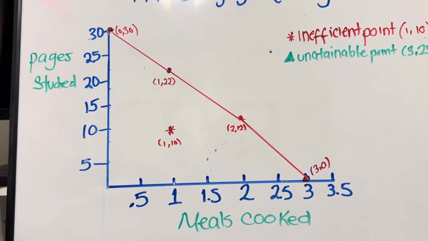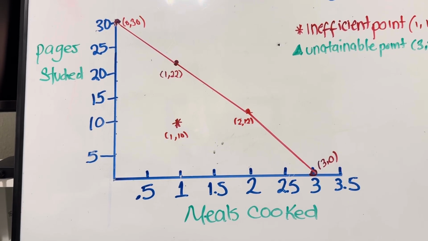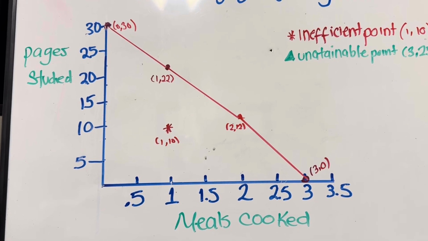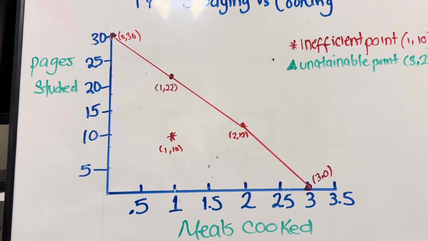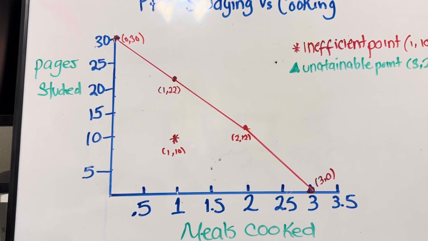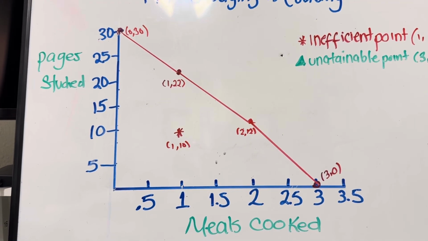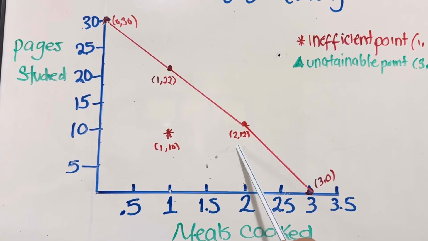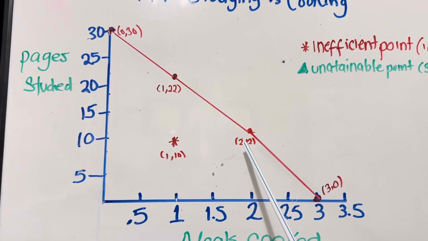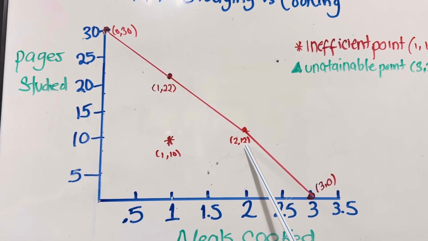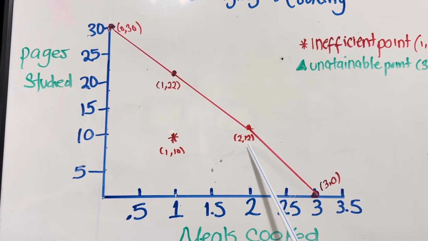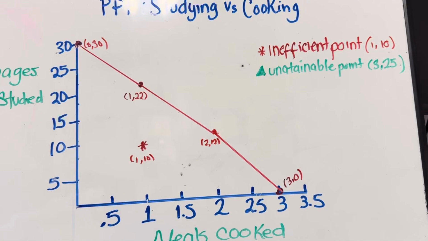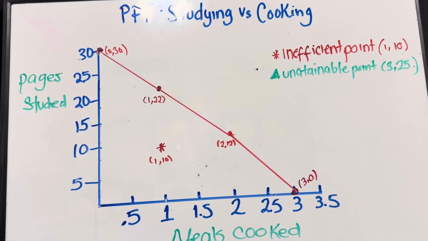But for example, during the weekend my family is here all day, and there's just boys in this house, so if they want to eat, I'm going to prefer this point right here, because I have more time to prepare meals, and I'm going to have to sacrifice the studying a little bit. But that's why I would choose one efficient point over the other.